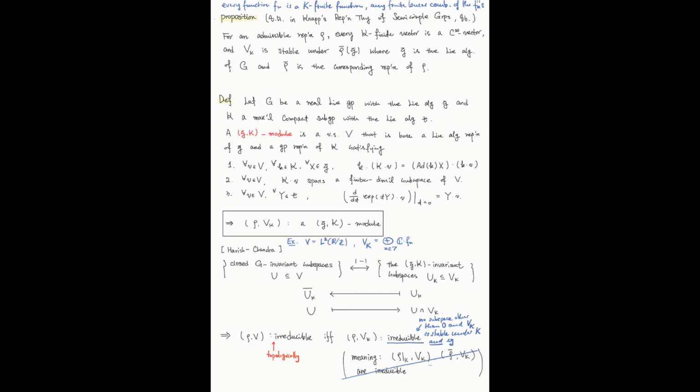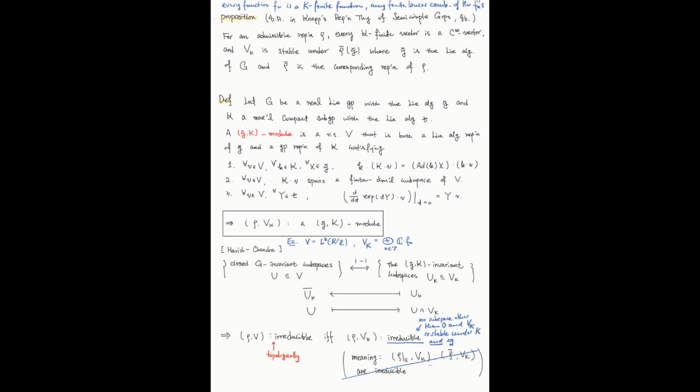Actually, no, for a very easy reason. If you write it down this way, it means this is irreducible, and independently this is irreducible, as a representation of K and as a representation of the Lie algebra. But you know already that this VK is typically an infinite direct sum of irreducible representations.